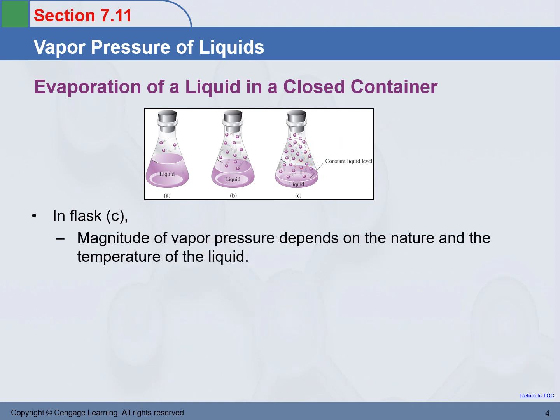Well, let's assume we do two experiments in parallel. We use the same liquid. In both experiments we use water. The first one is done at room temperature. The second one is done at, let's say, 80 degrees Celsius, a higher temperature.